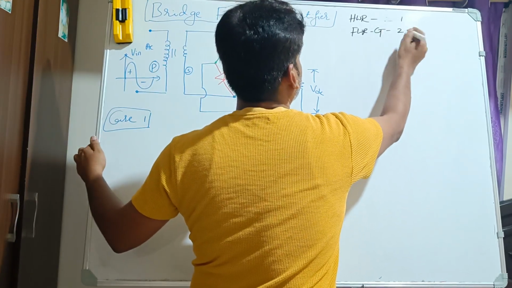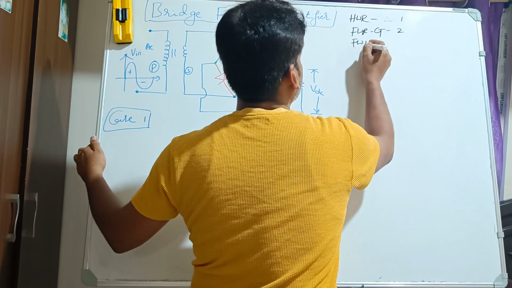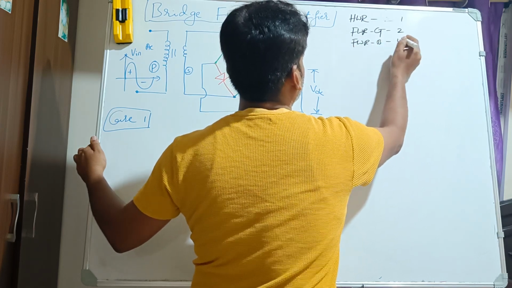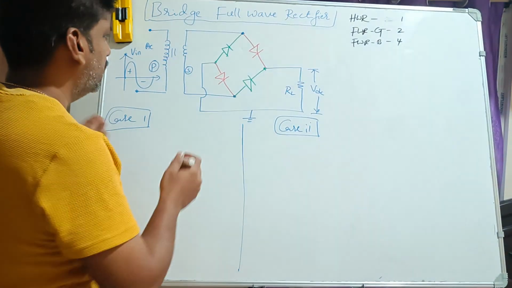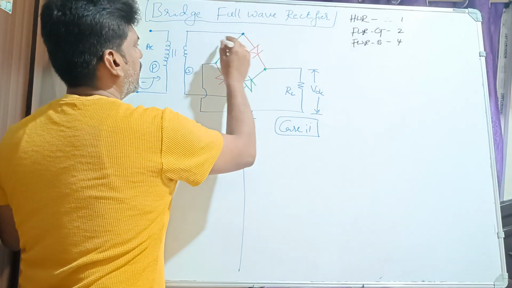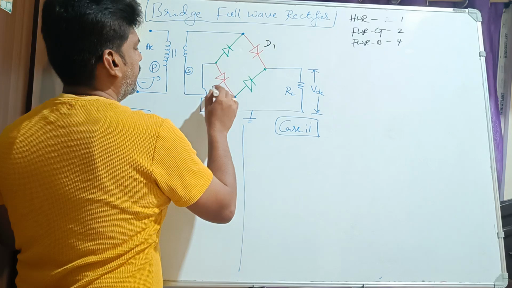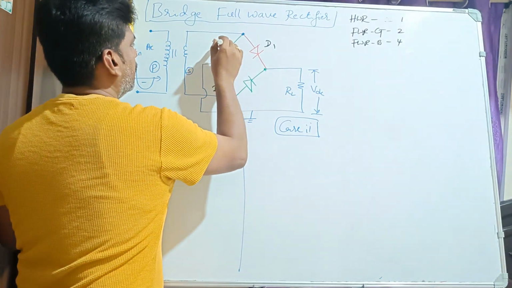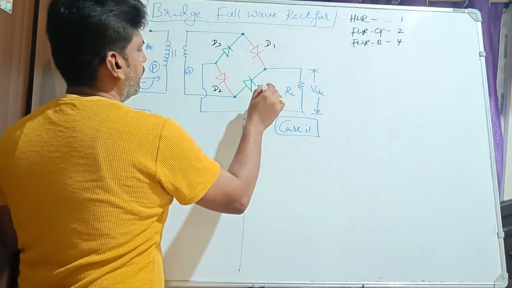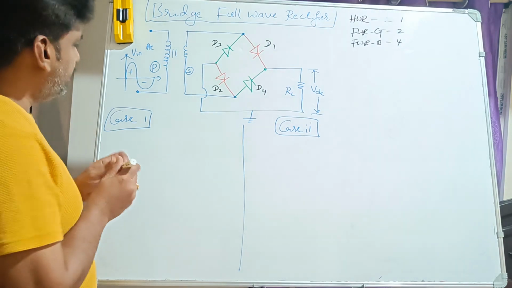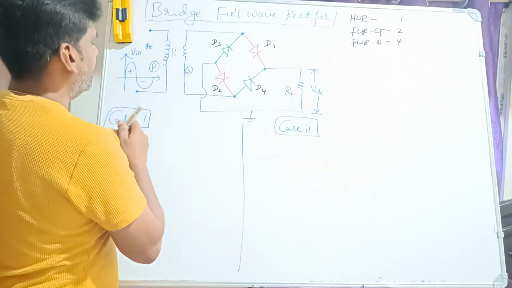Full wave rectifier with center tap, two. Full wave rectifier with bridge, four. I will call them diode D1, D2, D3, D4, right? The transformer is the same, primary and secondary.